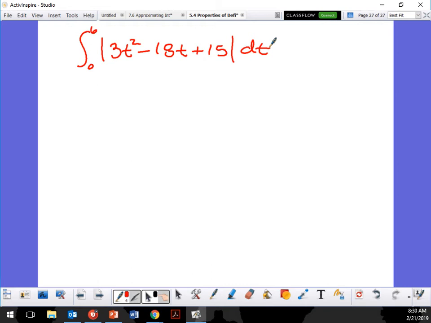Now for this, I've got to find out where this is equal to 0 first, because when it's equal to 0, that's the point where it turns. So it's no longer going to be positive there.